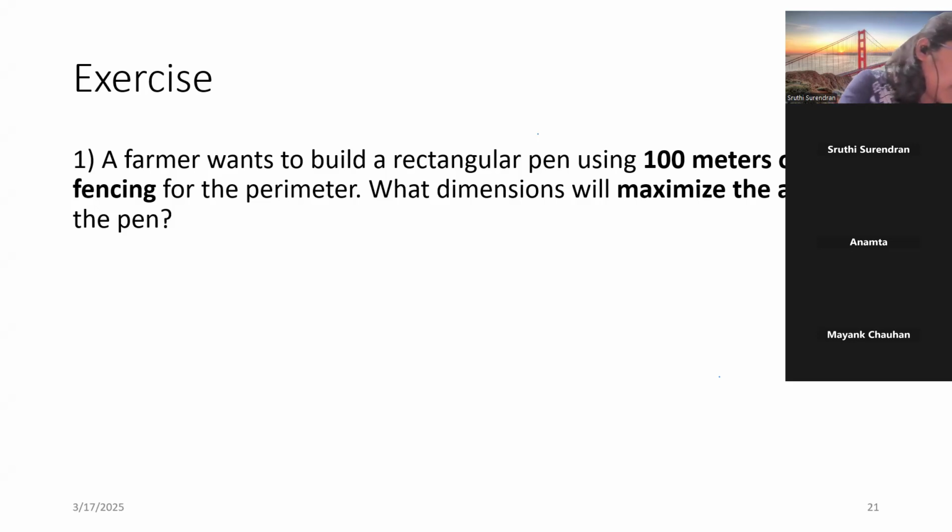Okay, your answer is right, maximizing the area of the rectangular pen. Now, what is the decision variable over here?